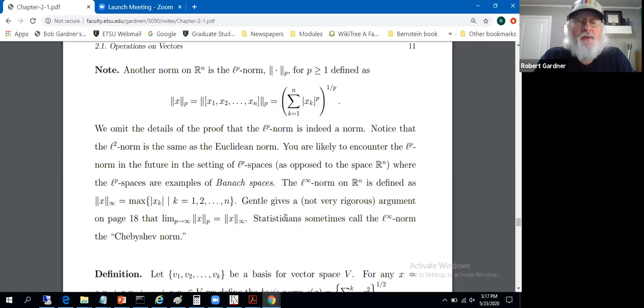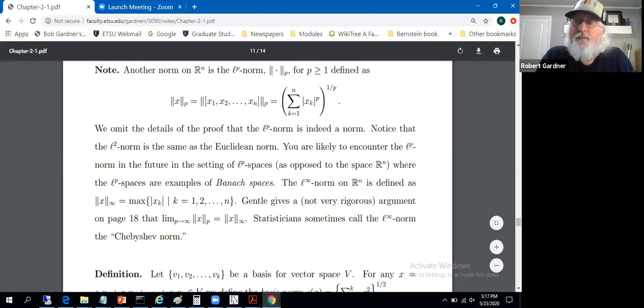Gentle gives an argument that if we take a limit as p approaches infinity of the LP norm of a vector, then you get this max norm, this infinity norm out. And that's the reason they put the infinity symbol down there. It's a limit. I did not care much for what our textbook does on page 18 to establish this. We'll do it properly in an analysis setting and in a more general setting too. Statisticians, so I hear, sometimes call this L infinity norm the Chebyshev norm.